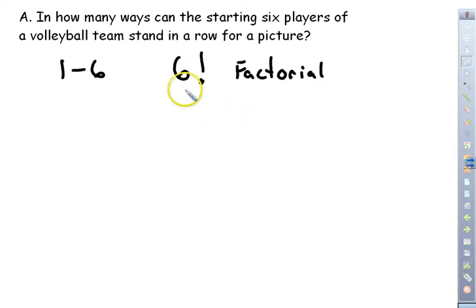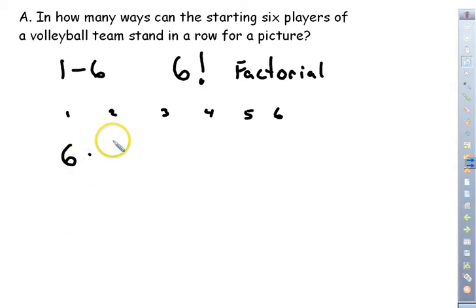Now, when you do 6 factorial, you're going to start with the first position. Position number 1, 2, 3, 4, 5, 6, because you're lining them up. The first position, you would have a possibility of having 6 different people in that position.